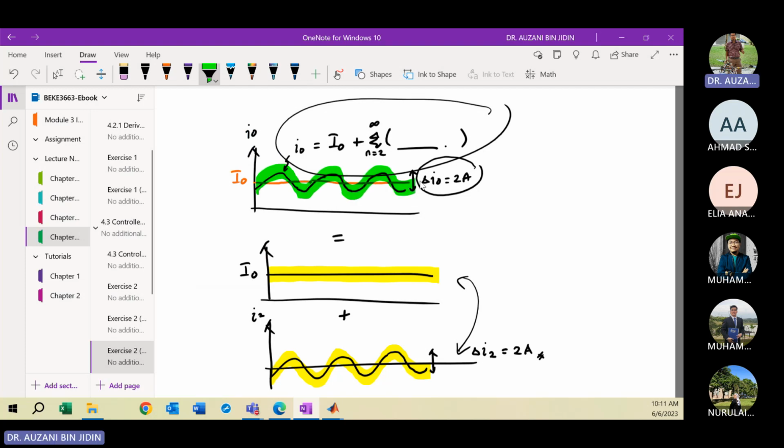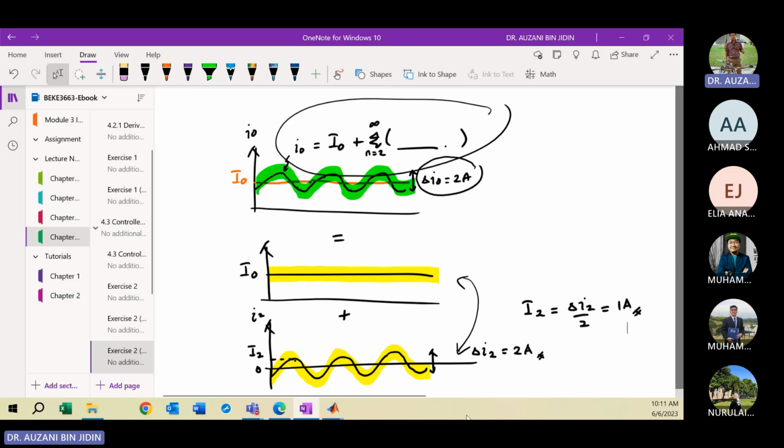This is what you learned in Fourier series. So from here you obtain that I2 is the peak, from 0 to peak of current. Clear? So what is the value of I2? Peak to peak is 2, so the peak is the change of I2 divided by 2, which is 1 ampere.